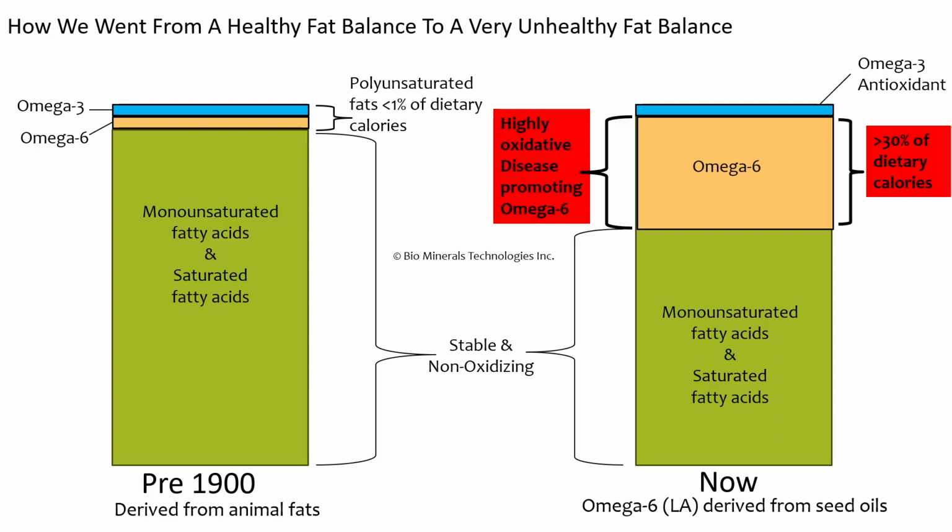So when you look at pre-1900, essentially our fats were derived from animal fats, butter, lard, and tallow, and we had a very low polyunsaturated fat dietary intake, less than 1% of our calories.